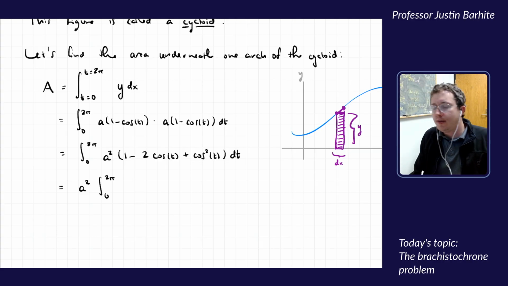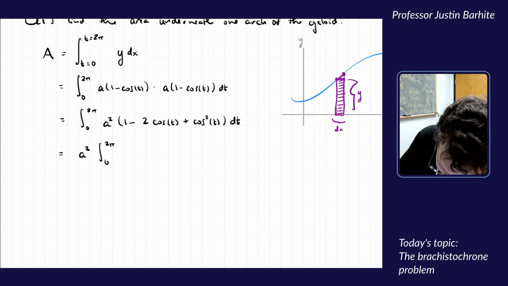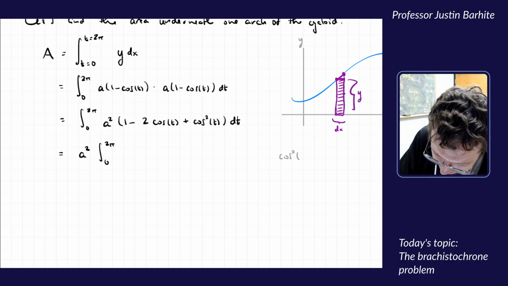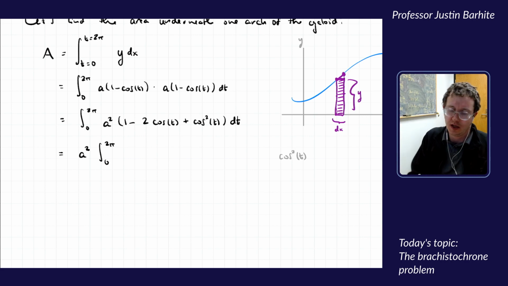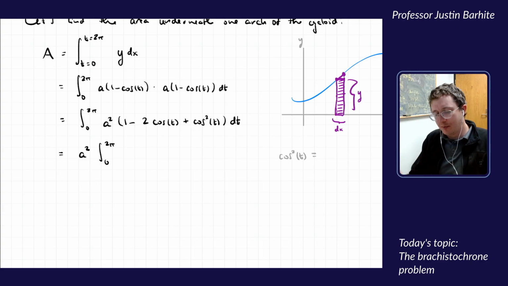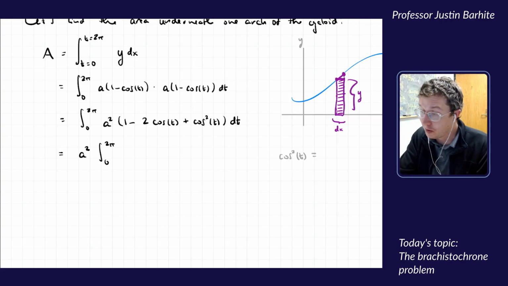And you all learned how to integrate functions like cosine squared of t earlier this semester. In case anyone's forgotten, let me remind you. This is also one of my goals with these streams, to sprinkle in little bits of review throughout the semester, to help you retain some of the stuff from earlier, so that you don't have to relearn it all in the few days before the final exam.